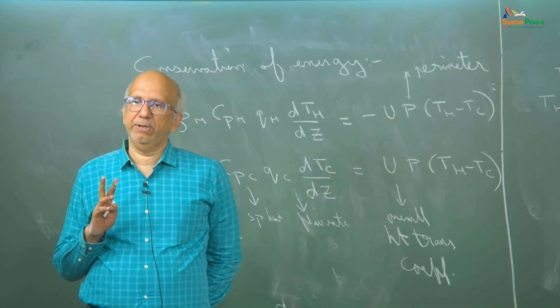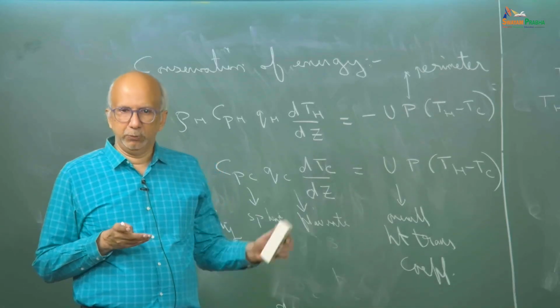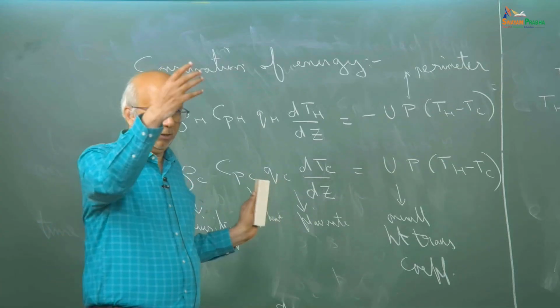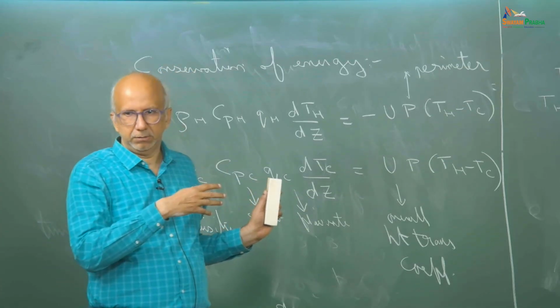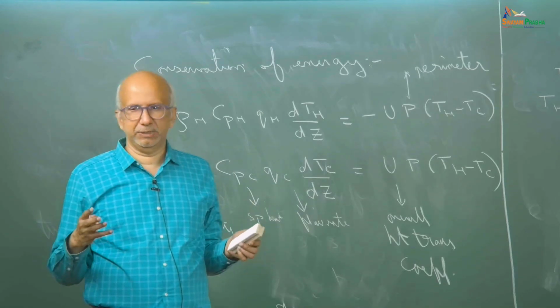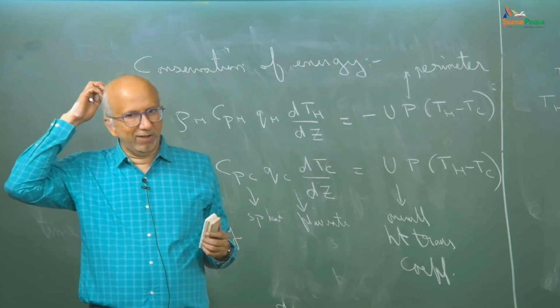Supposing this had been a counter current flow, then you would specify at Z equal to 0 one temperature and at Z equal to L another temperature. So, that is not an initial value problem, because the two variables are being specified at two different points. We would call that a boundary value problem.